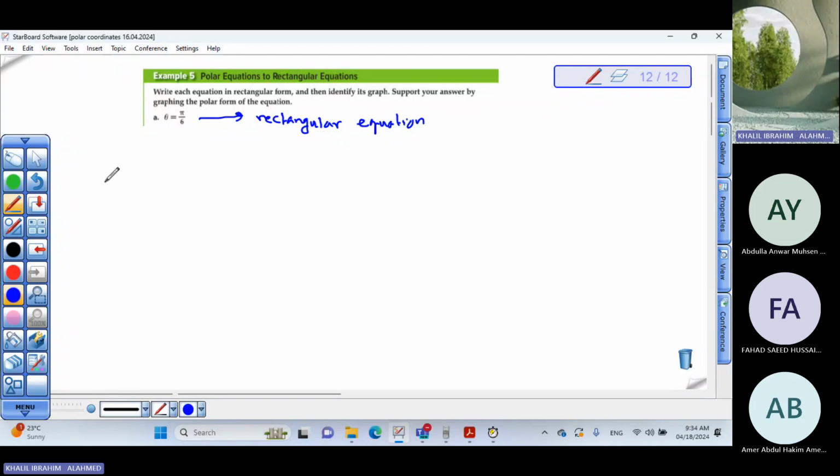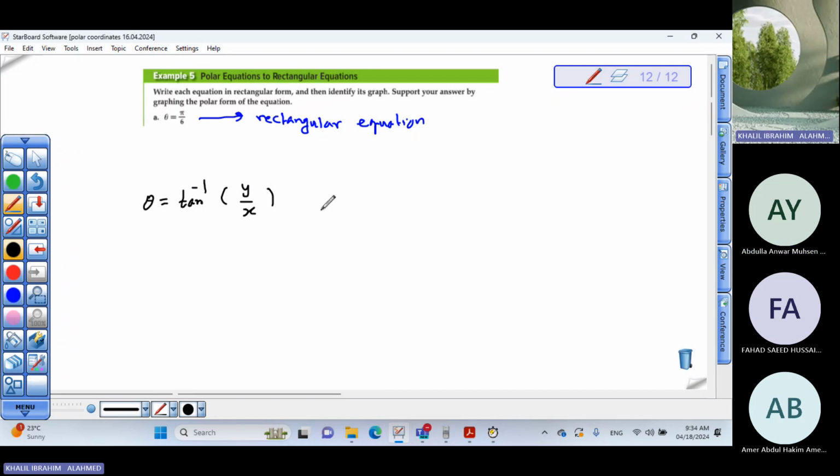Okay, theta equals pi over 6. Do you remember what theta equals? Theta equals tan inverse of y over x, right? Yes.